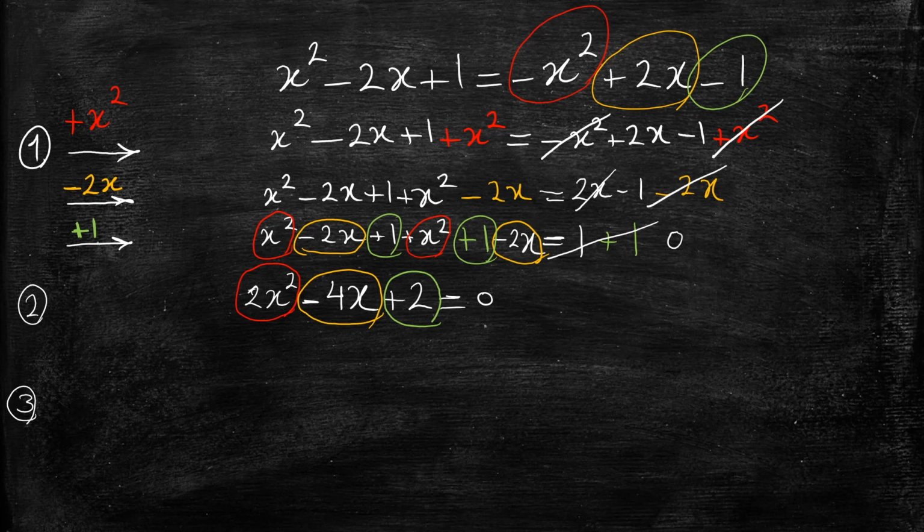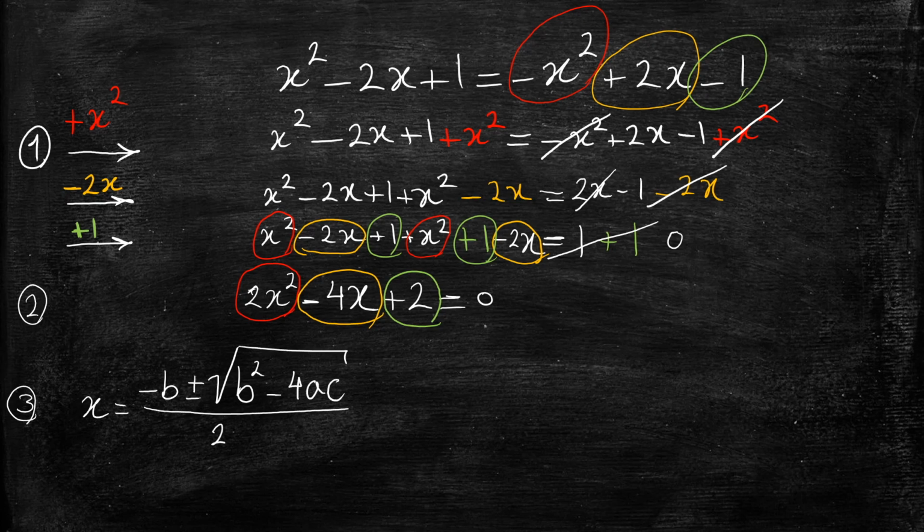What's the formula? If you write it down a couple of times on your scratch paper, you're going to memorize it easily. So I'm going to write down the formula here. x equals minus b plus minus square root of b squared minus 4ac, divided by 2a.